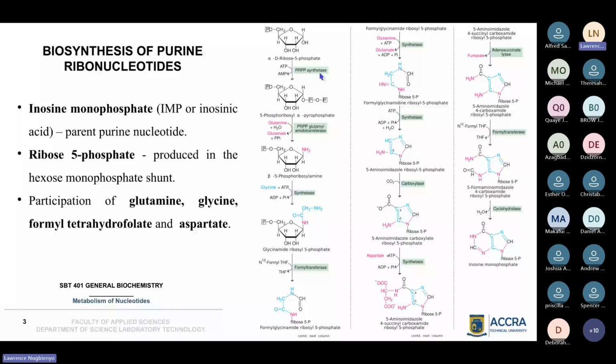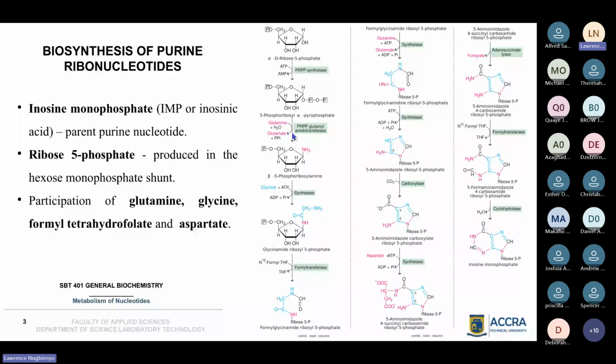Next, now we see glutamine, one of the amino acids that we saw participating in the synthesis of nucleotides coming in. Now, glutamine comes to donate an amide group. That's an amino group that it comes to donate with participation of water.